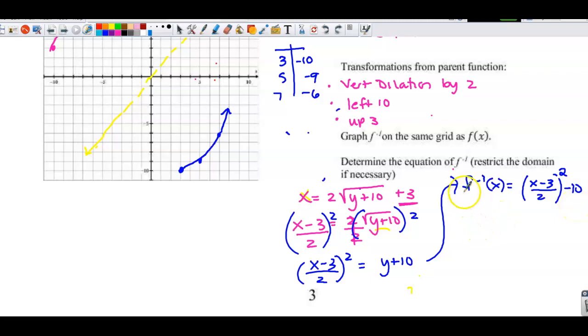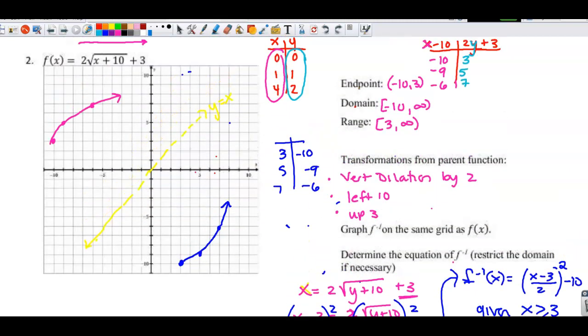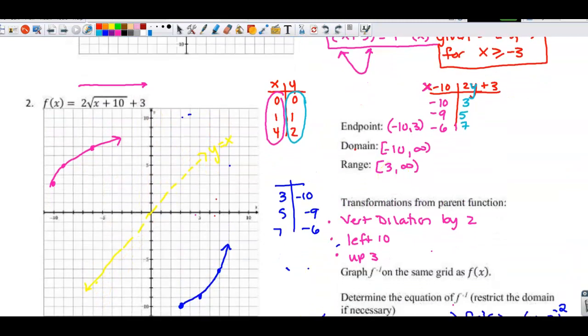The correct equation for f inverse is f inverse of x equals quantity x minus 3 divided by 2, squared, minus 10, given that all the x values are greater than or equal to 3. Or you could write given a domain of 3 to infinity, which, by the way, matches the range of the original function.